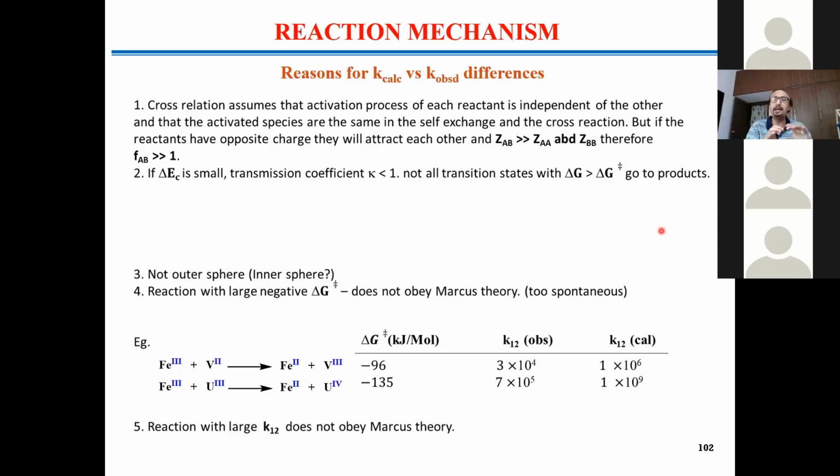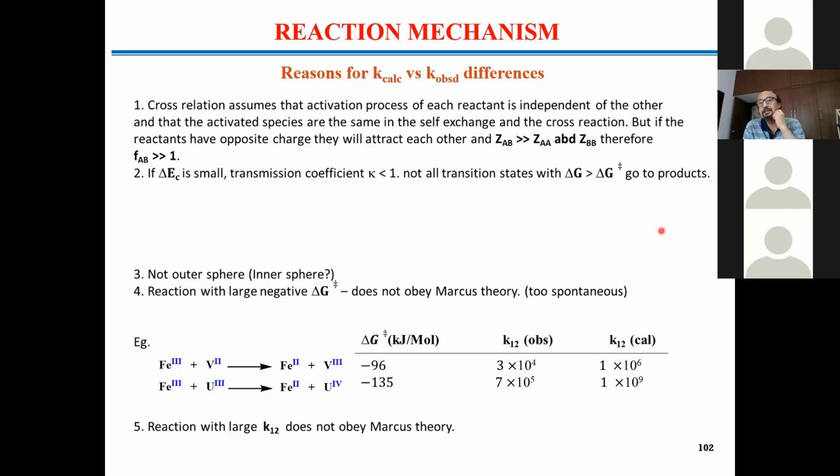But you will always have a kind of thin line for the intermediate positions, where it could be outer sphere, could be inner sphere, or could be a mixed situation. So the way the cross reaction is calculated based on the self reaction is important, and if some percentage of inner sphere pathway is involved, then naturally the calculated value won't match with your experimentally observed value.